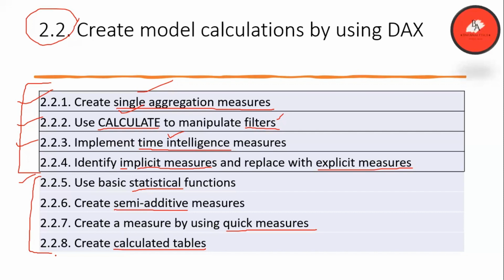So today we will look into the first part: create single aggregation measures, calculate to manipulate filters, and implement time intelligence measures. Let's move on and see these one by one.